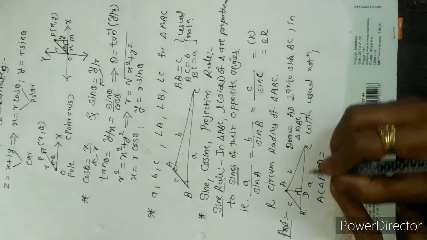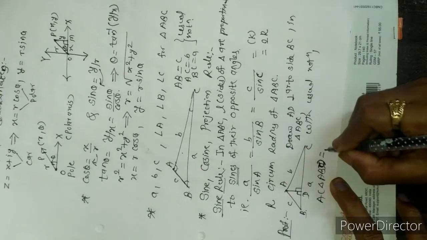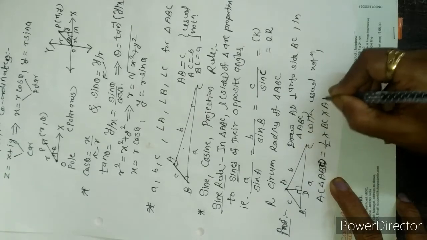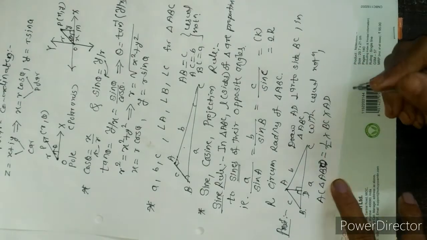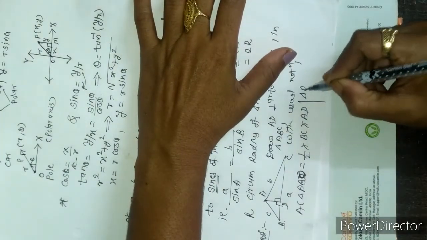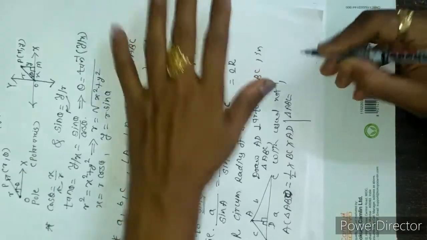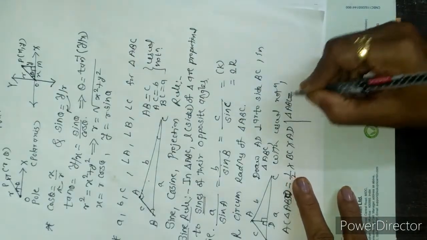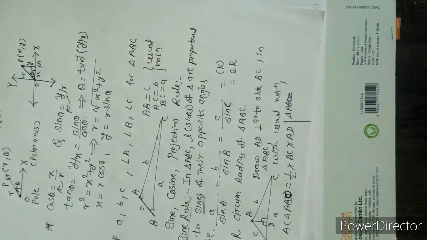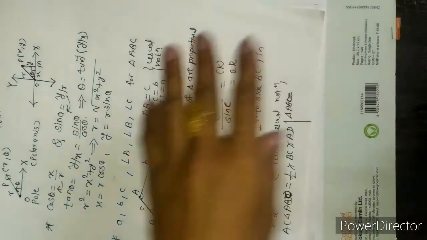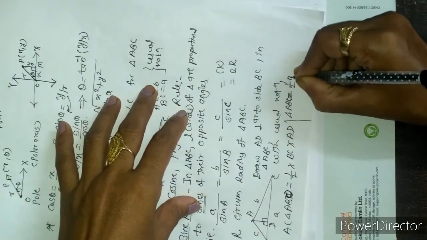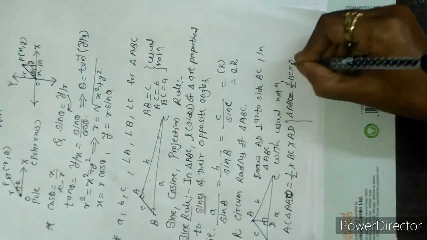For this we take height AD, half, base BC and height AD. The same area for triangle ABC: we take the area of triangle ABC by the same result, half BC multiplied by AD.